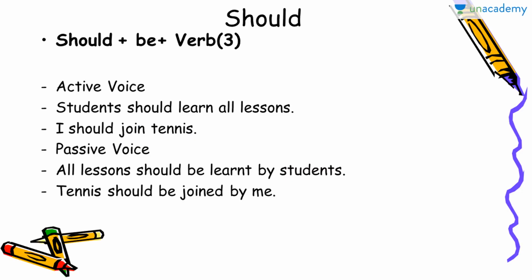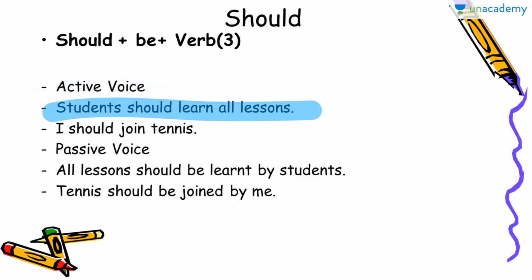And at last we have should. Should is modal of compulsion, when we say with authority and we ask someone to do something with a little pressure or force. In passive voice, the sentence will start with object again, then followed by should, then be, then verb third form. So in active voice sentence, if we have students should learn all lessons.